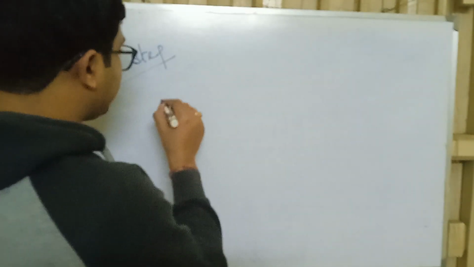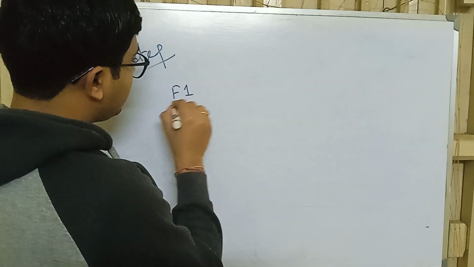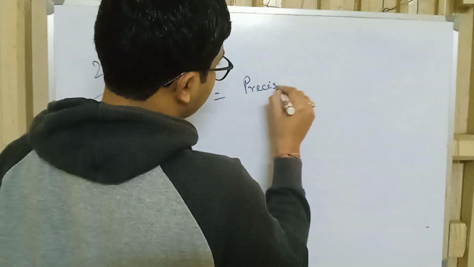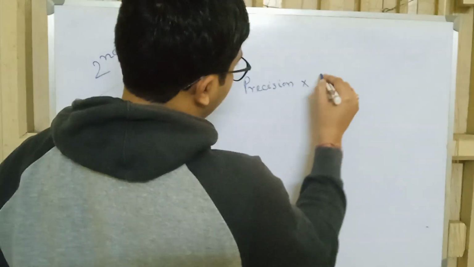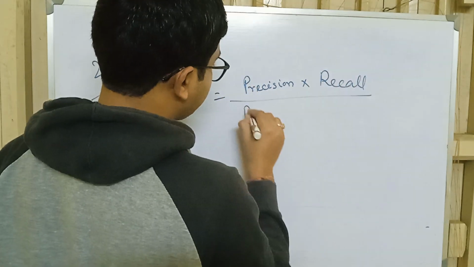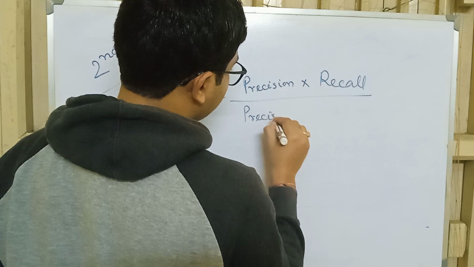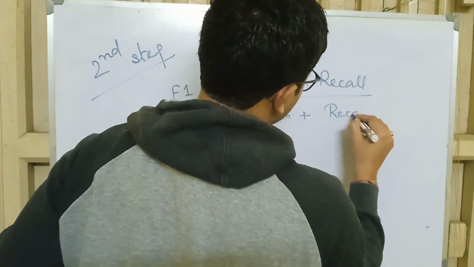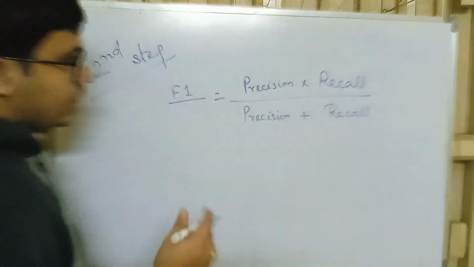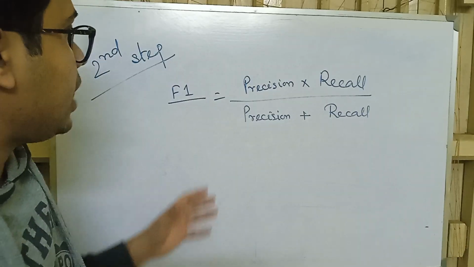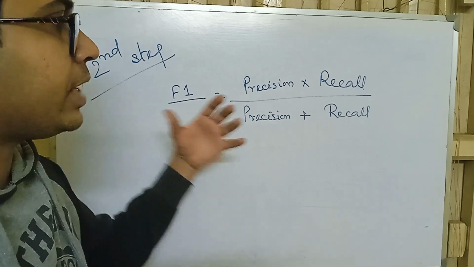So F1 score increases. F1 score is precision times recall divided by precision plus recall. By thresholding itself, F1 score has increased, and that is the main procedure.